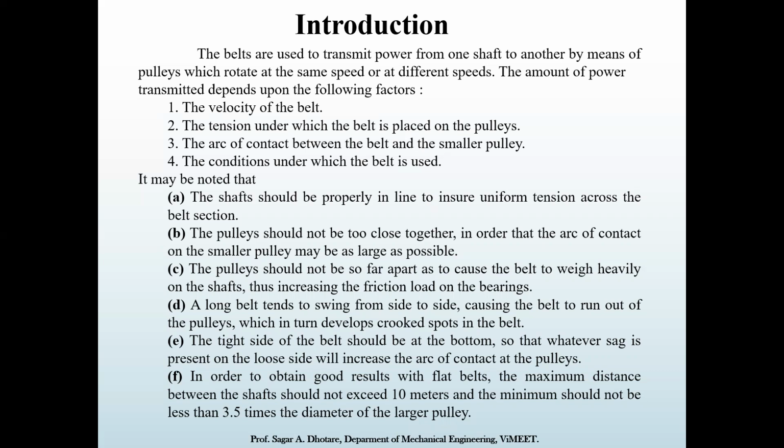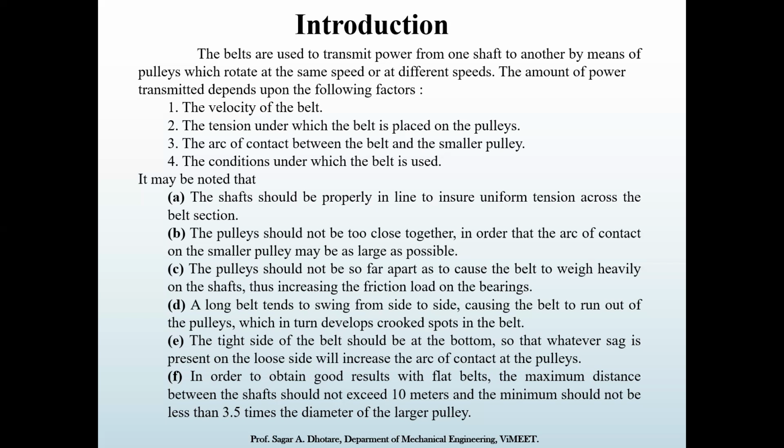It could be in a too cold location, normal location, in a rainy location, or the water contamination also plays an important role. So based on the environmental conditions, the life of the belt can vary. So the condition under which the drive is working is also an important parameter or factor.